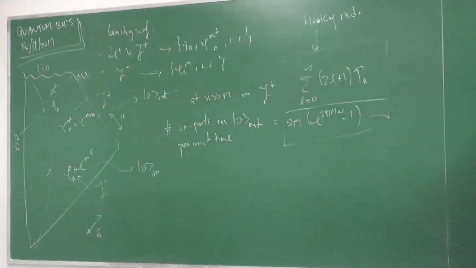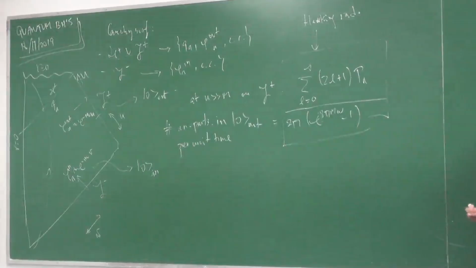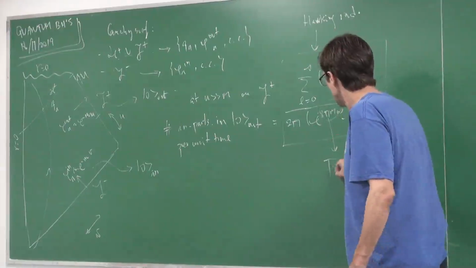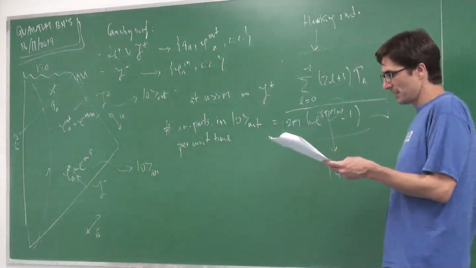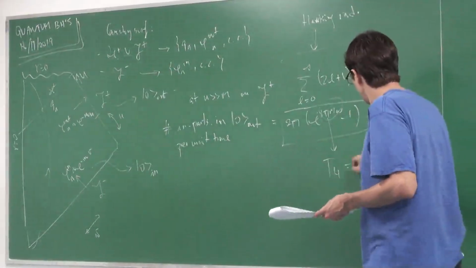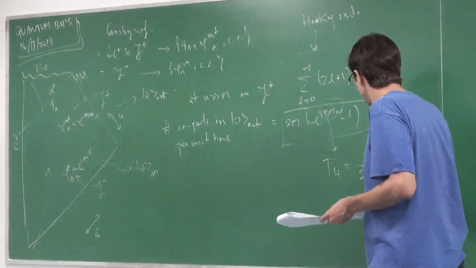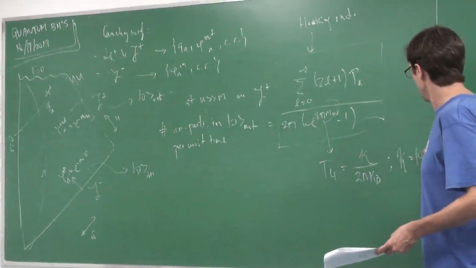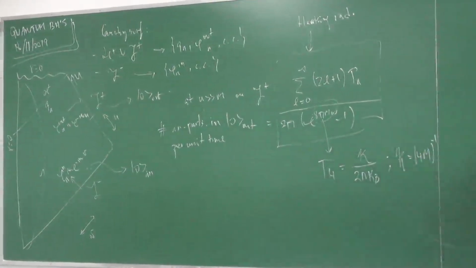So you've got a thermal, black body type of radiation. The Hawking temperature is given by kappa over 2 pi times the Boltzmann constant. If you remember, kappa is the inverse of 4m.